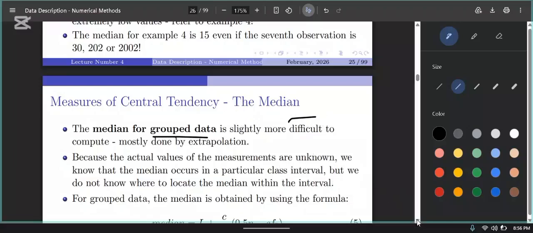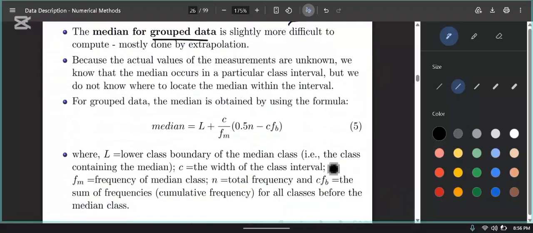And the formula that is being used here is this formula. Median is equal to L. I want us to understand L means the lower class boundary of the median. I'll explain it in an example.